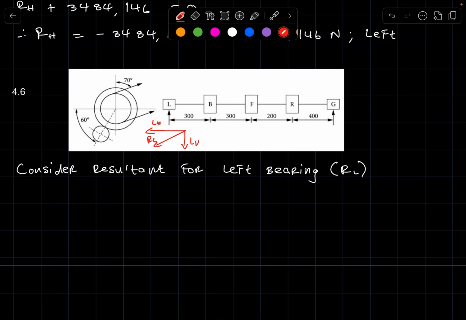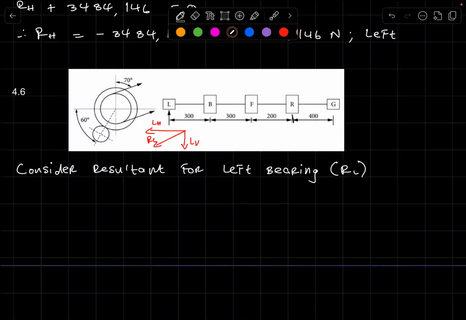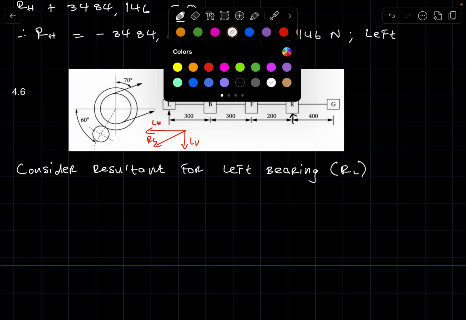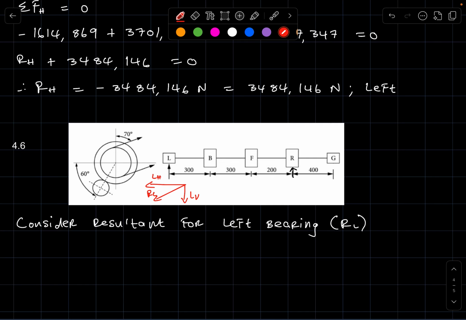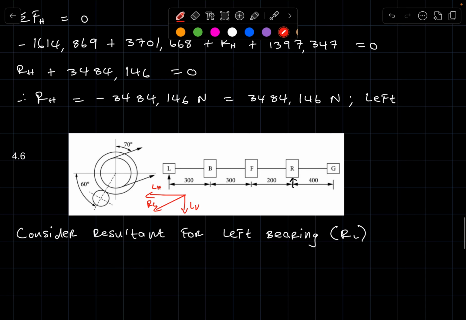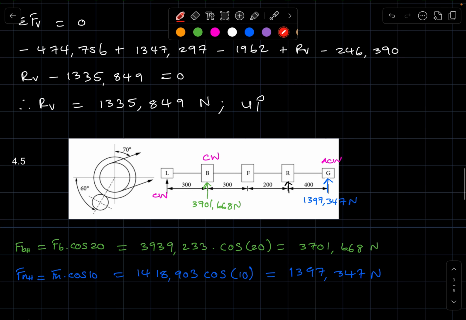Right, so we do the same thing on the right hand side. Now we consider the right hand bearing and look at RH as well as RV. As far as RH, it is headed left. RV is headed up.